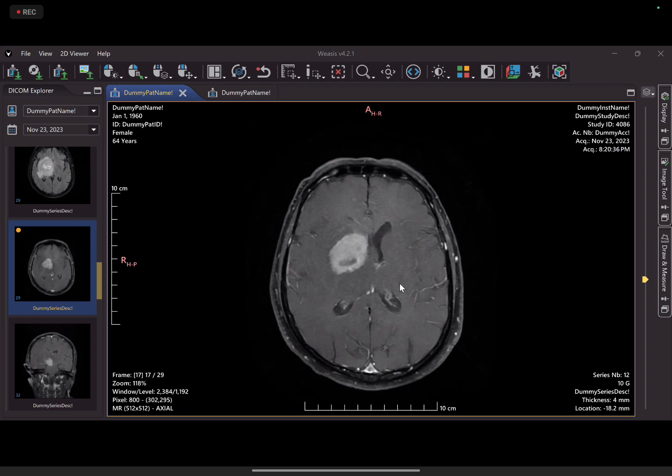Sorry, ma'am, blood volume. What is the difference between cerebral blood flow and cerebral blood volume? Ma'am, blood flow means per unit blood which is received, per unit... What is the unit of blood flow and what is the unit of blood volume?